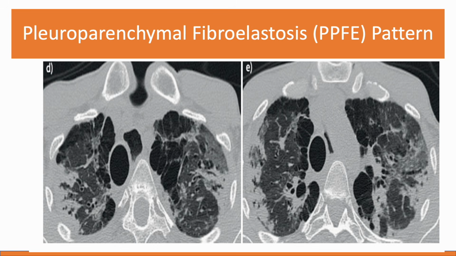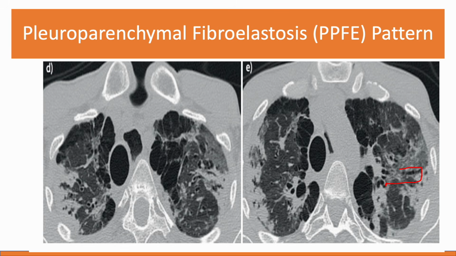Although it starts in the subpleural space or the apical space, a lot of times it may also be more widespread. So PPFE has to be differentiated from an apical consolidation, because it may look like a subpleural consolidation, but you will also see the fibrotic elements and the tractional dilatation here.